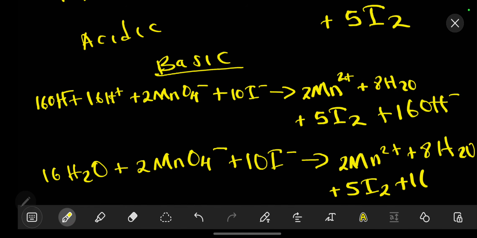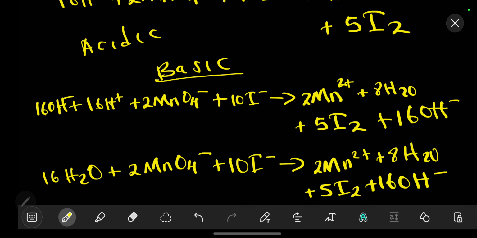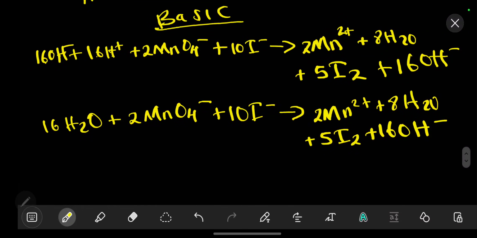Then we have plus our 16 hydroxide ions. So now this is what we have. To simplify the equation, as we can see, we have water on both sides. Here we have 8 and 16.